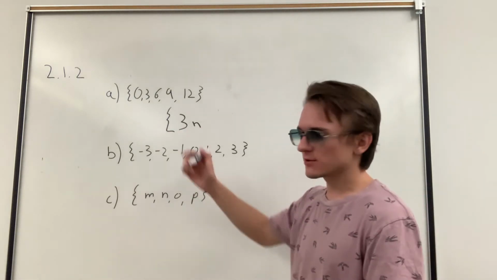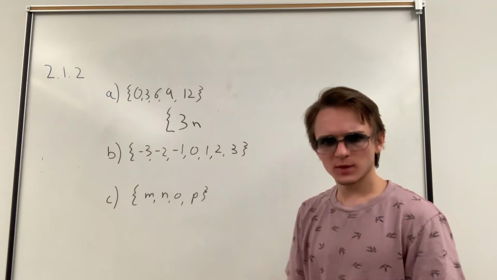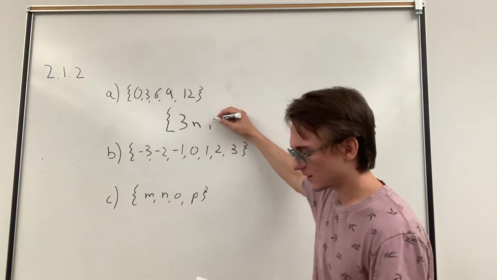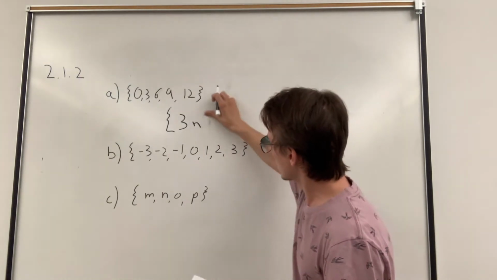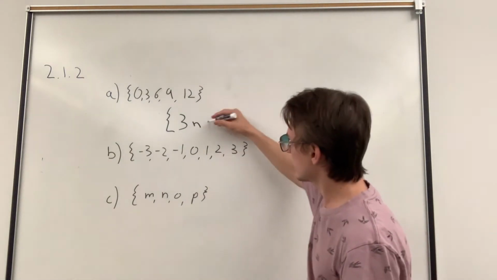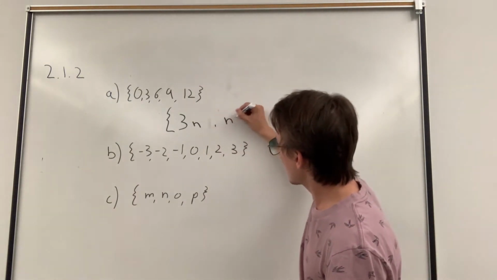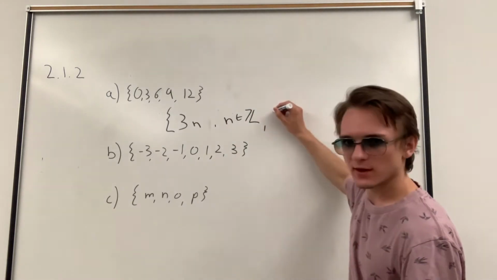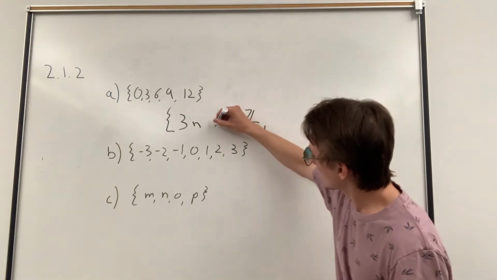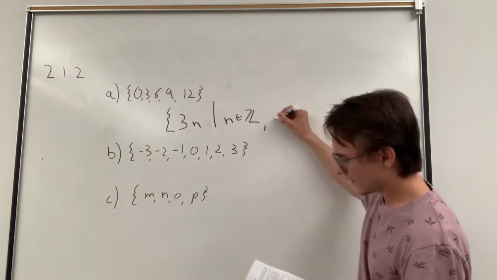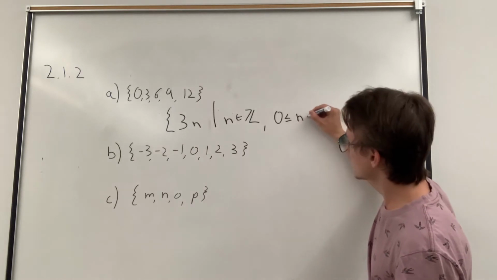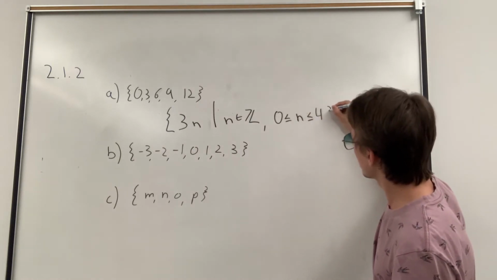It begins at 0 and ends at 9, including those two numbers. So we have the following condition. Of course, we define our n as well. 3n, n is in the set of integers, and it's on the condition that 0 is less than or equal to n, which is less than or equal to 4.